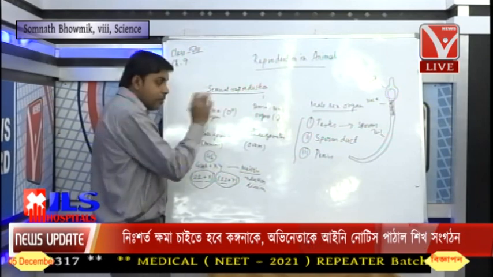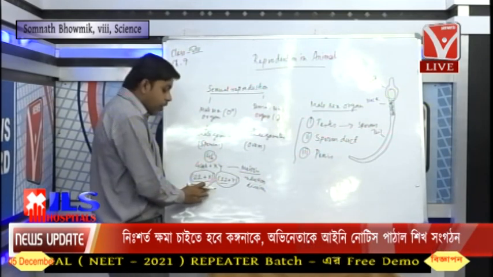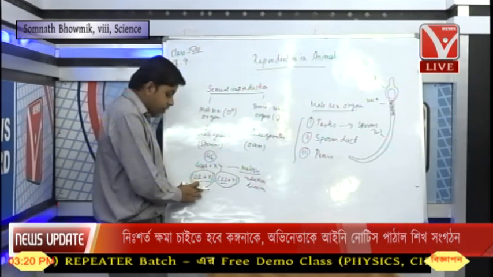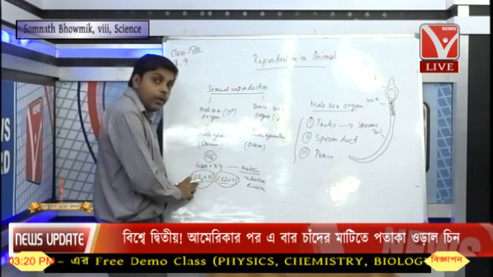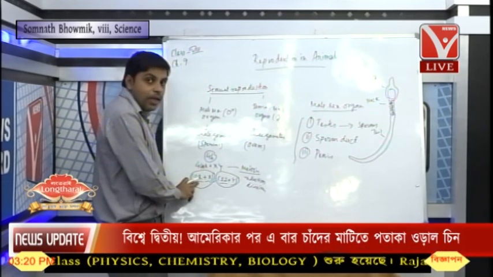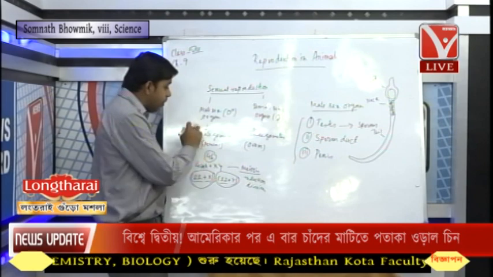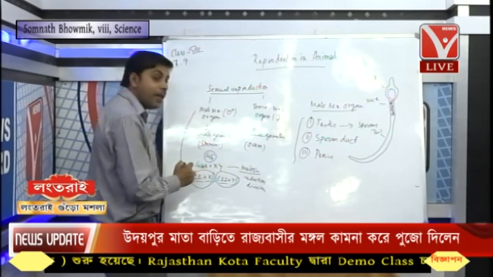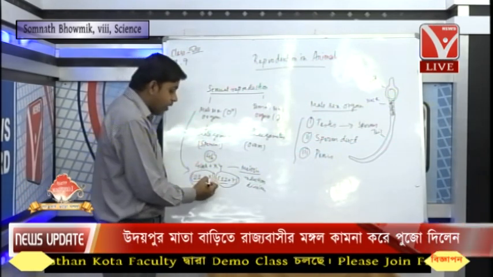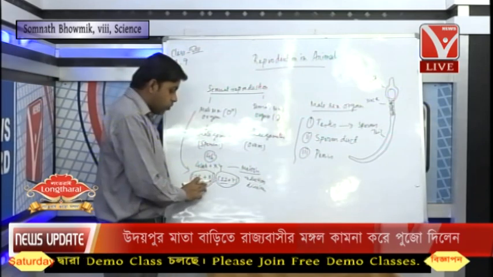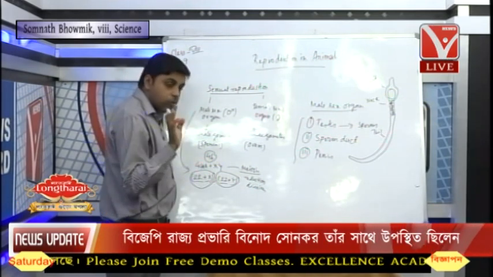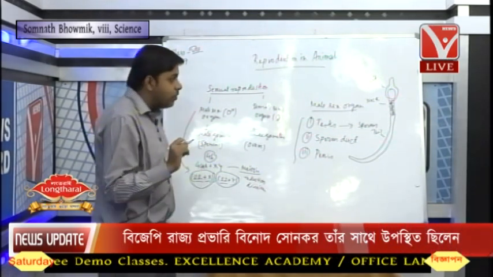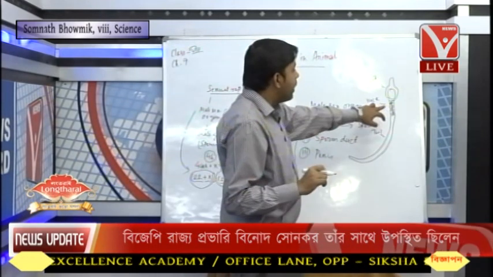So the male sperm contains all the features of that particular male person, plus one sex chromosome. It may be the X chromosome or it may be the Y chromosome. Clear? Now this is the head and this is the neck.